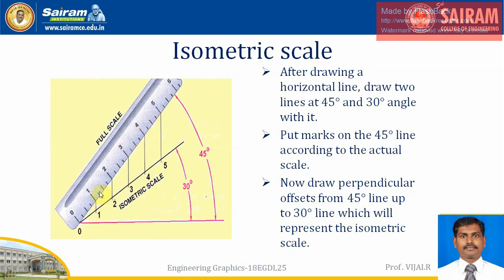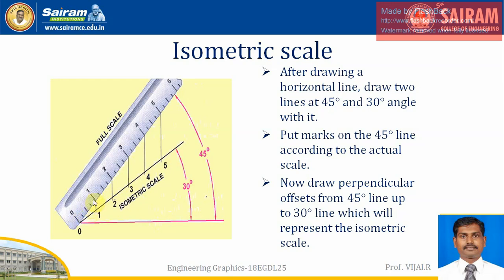After this I draw perpendicular lines from 1, from 2, from 3 downwards. So now draw perpendicular offsets from the 45-degree line to the 30-degree line. When we draw the perpendicular lines and offset, this is the exact distance, and here we get the iso scale.